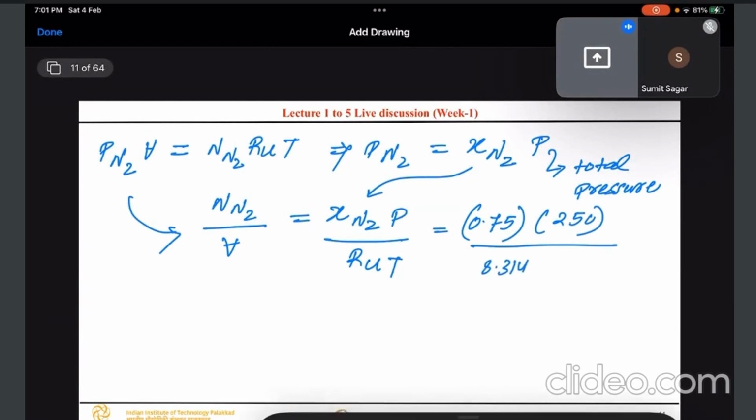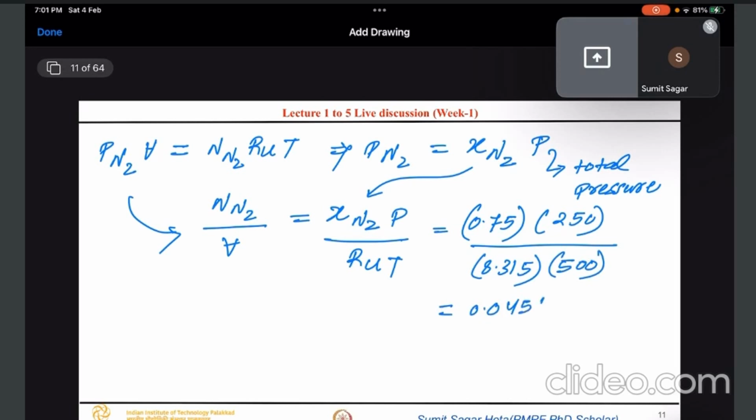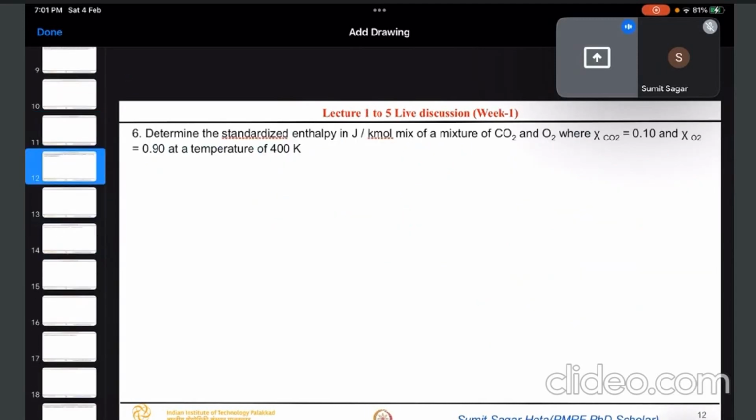Actually sometimes it's 4, sometimes it's 5, so better to take 5 because in most books it's 5. So 8.315, this is the Ru value. You should be familiar with all these things, I am assuming that. Now we get our requirement. Now this problem is over. Next, move on to the next problem.